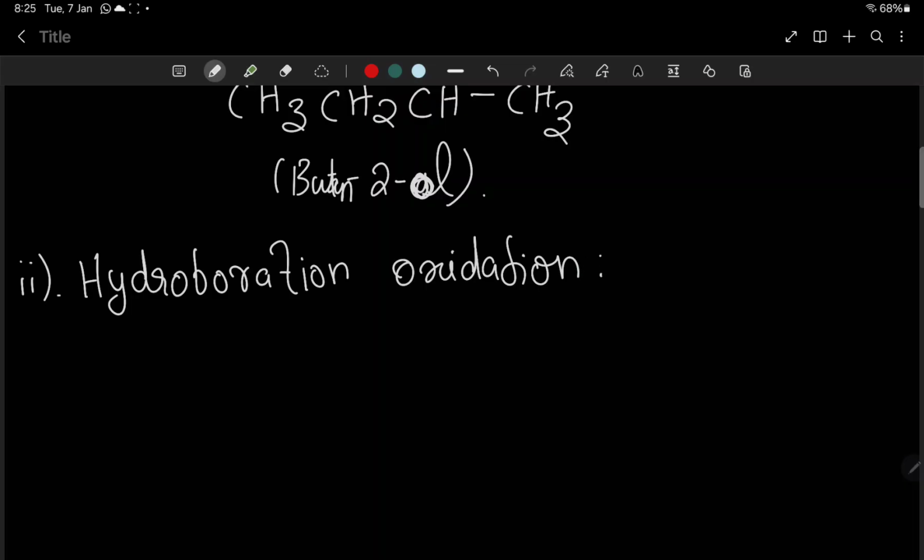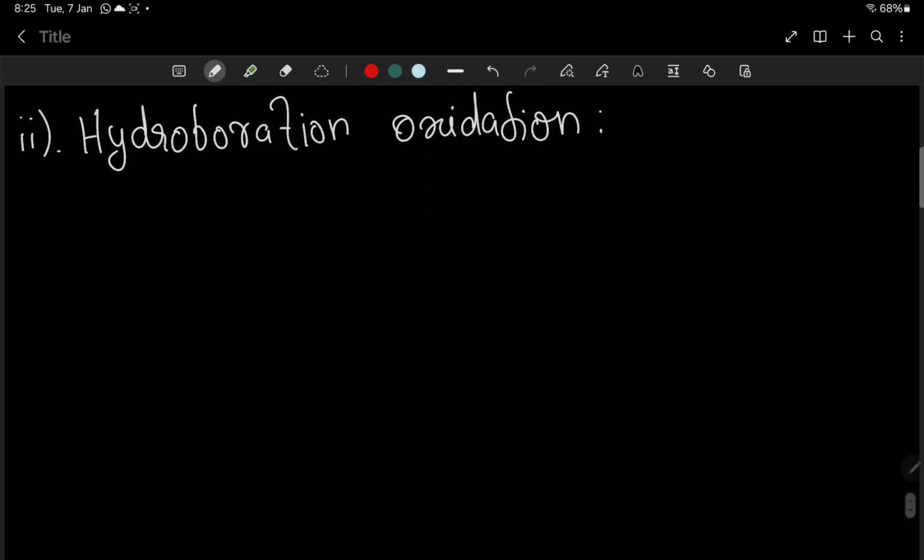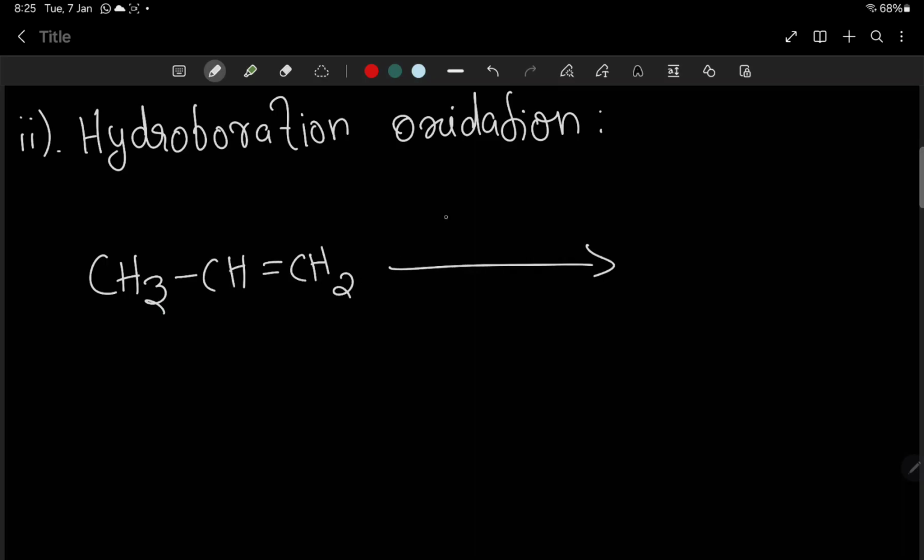If you are having a compound CH3 CH double bond CH2, into this if you are adding BH3 twice, that is called diborane, what happened?